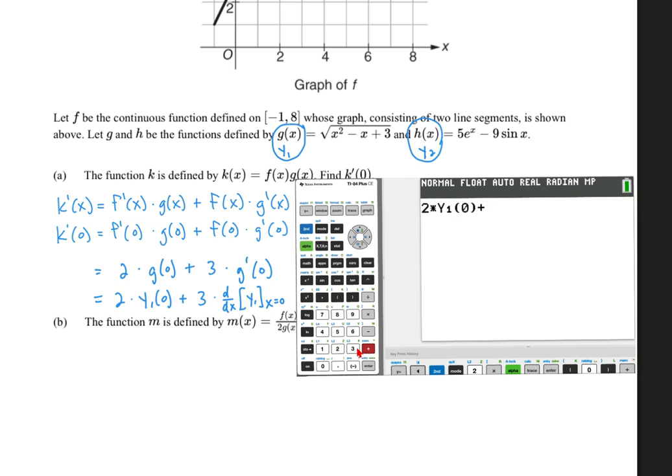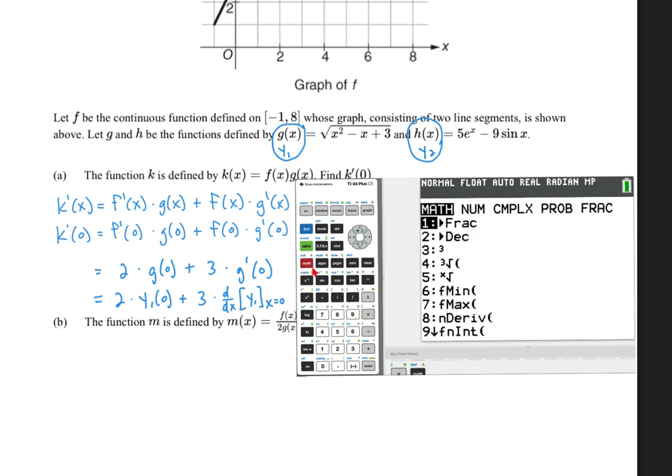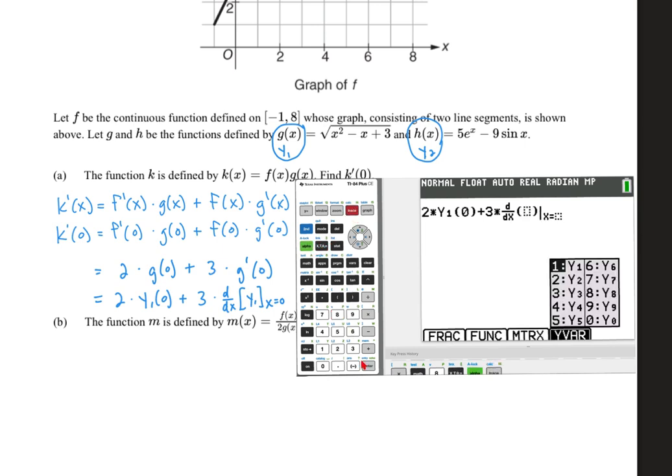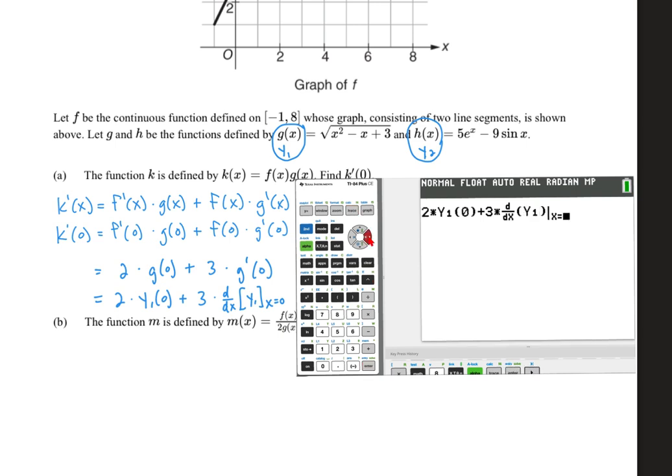We found that earlier. And then we'll times that by the derivative. So we'll do math 8 to get derivative. Dx, do alpha trace and enter, gets us y1, and then just do x equals 0. Alright, and that'll be our answer there. Okay, move this.